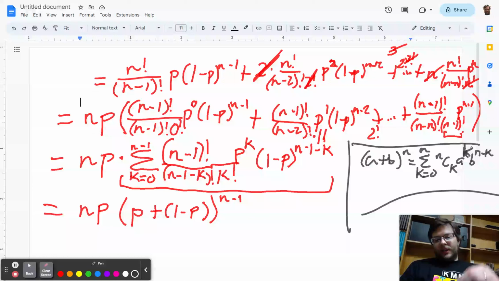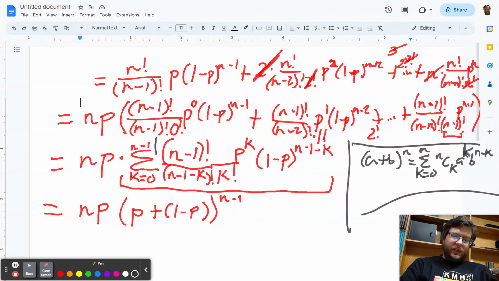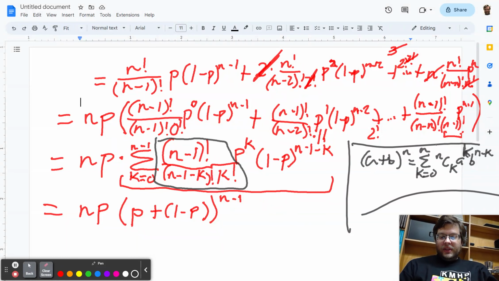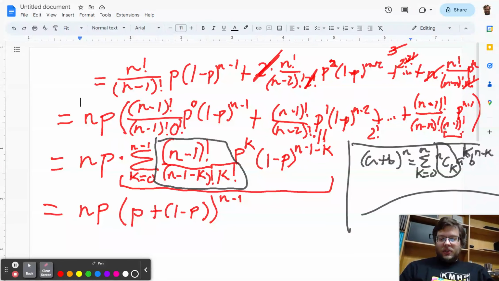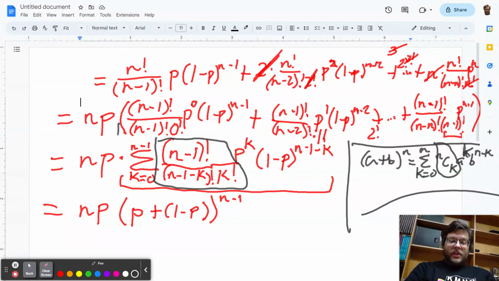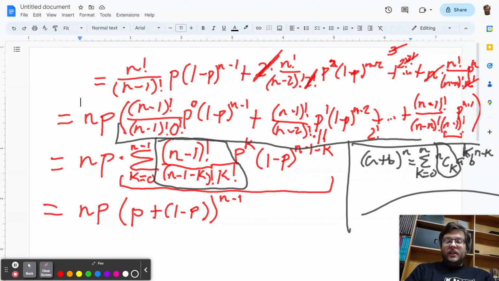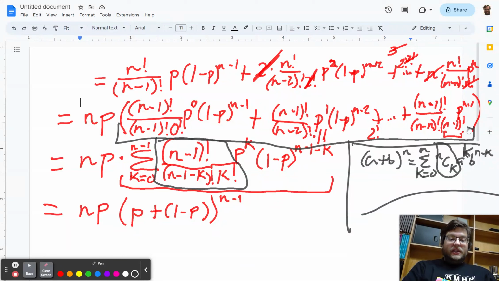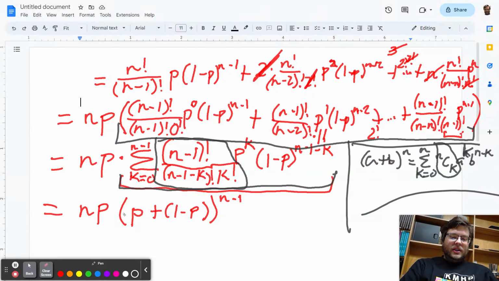And all we did here to make this slightly different is we just wrote out the definition of n choose k in terms of n minus 1 choose k. And so what I showed is that all of this junk right here, after I factored out the np, is equal to a binomial expansion, and the binomial expansion is the expression p plus (1 minus p).